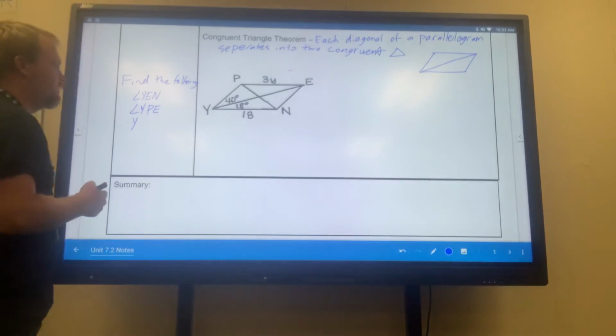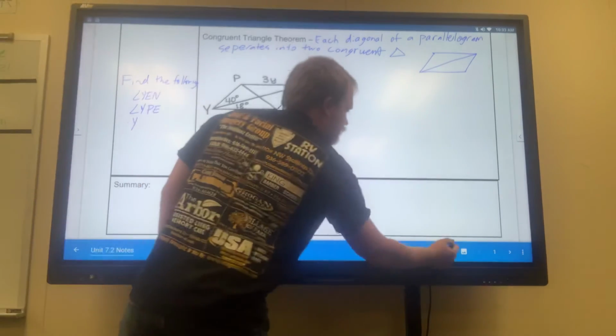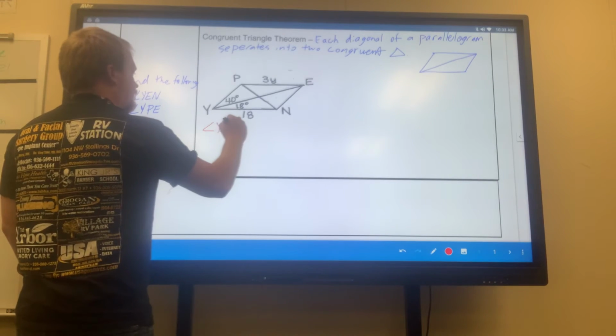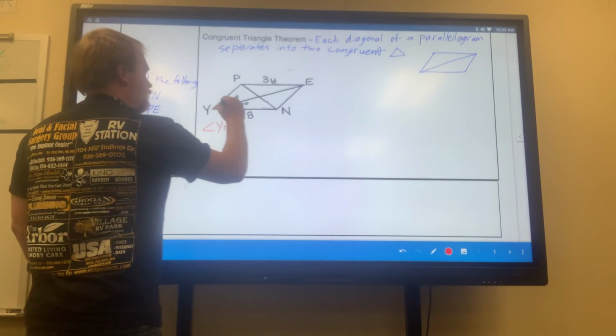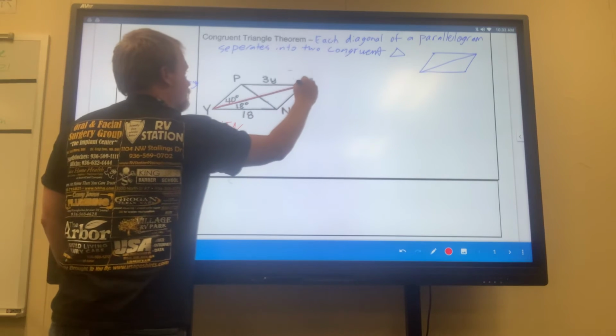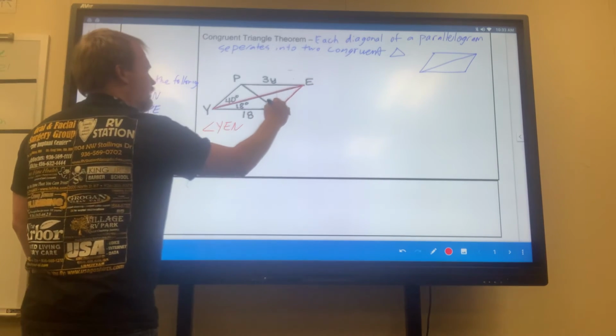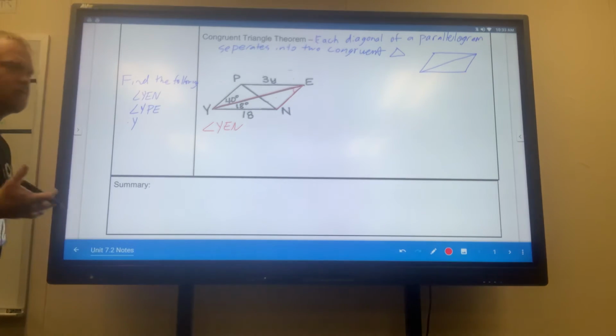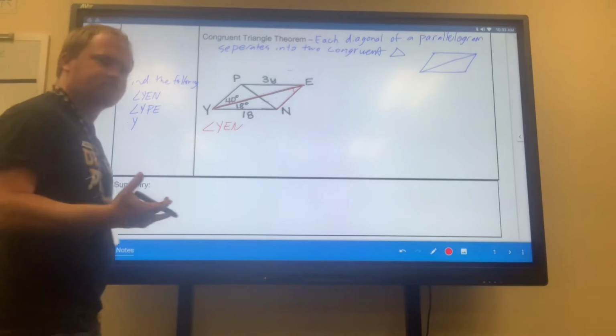So first off, I want to use a different color. Let's look at YEN. So I'm looking for this particular angle right here. Well, let's think about this for a minute.